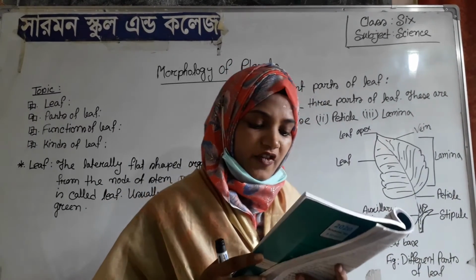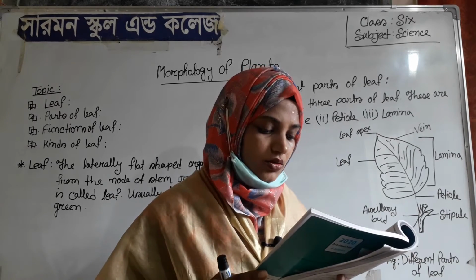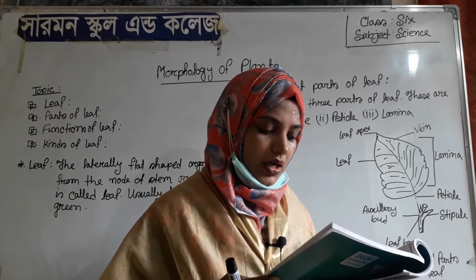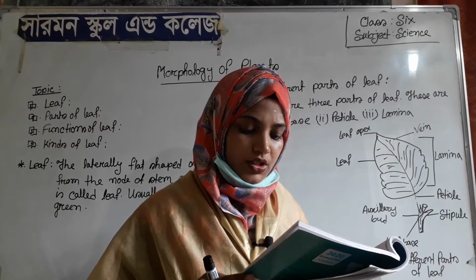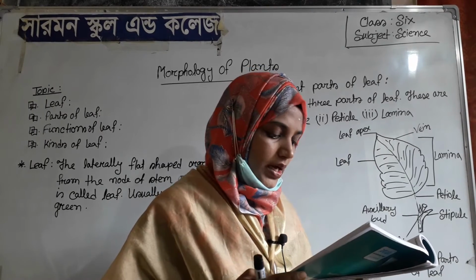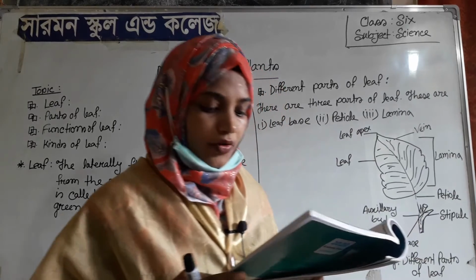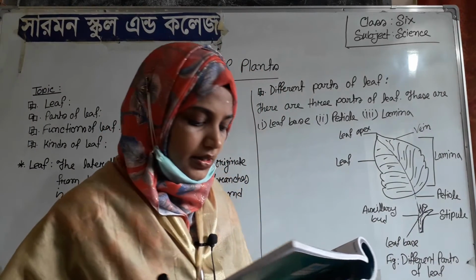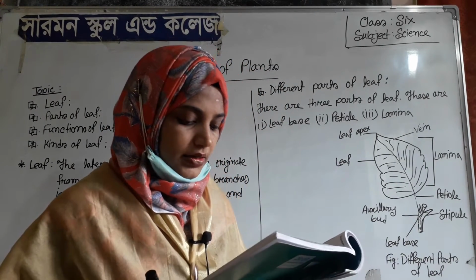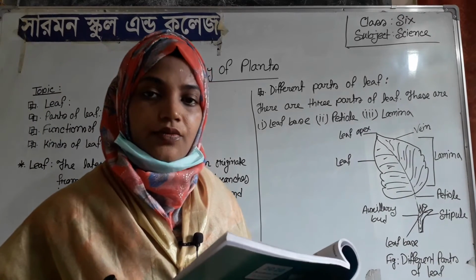The vein that runs from the tip of the petiole to the other end of the leaf blade is the midvein. From the midvein originate veins and vein inlets. The edge of the lamina is the leaf margin.